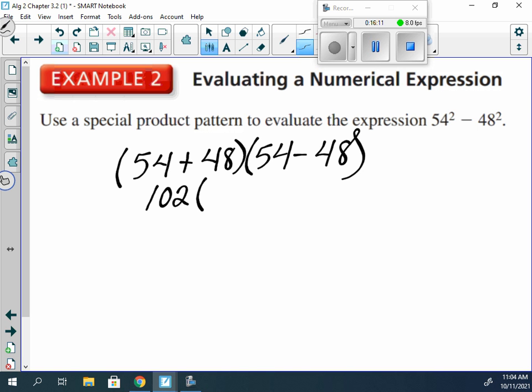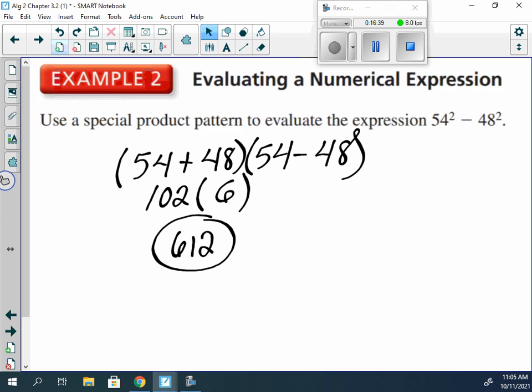And 54 minus 48 would be? Well, now we can do 102 times 6. Which I believe should give you 612, yes? And that's it. Questions on this here?